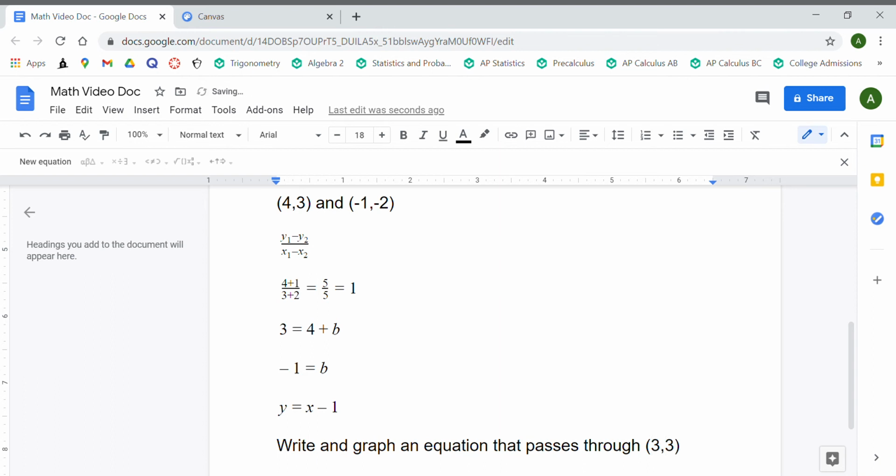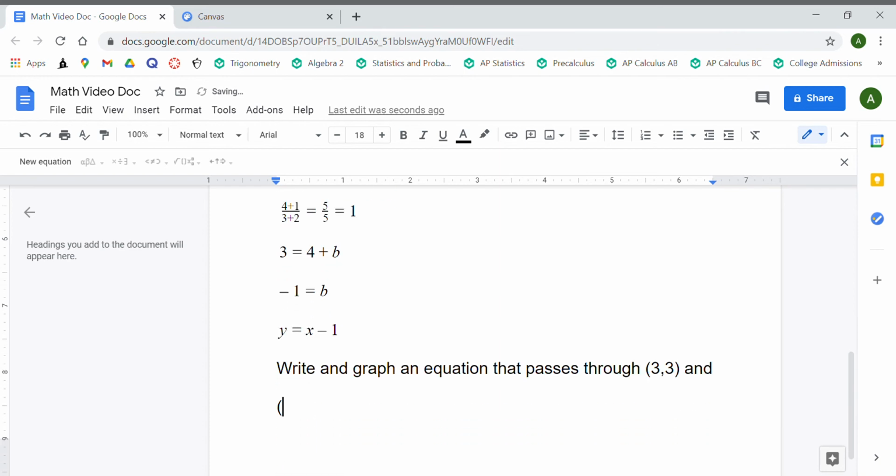Anyways, 3 and 3 and 5 and 4. So go ahead, try it out. Just remember, you need to write the equation first and then graph it. Okay, so 3, 3, 5, 4, write and graph.